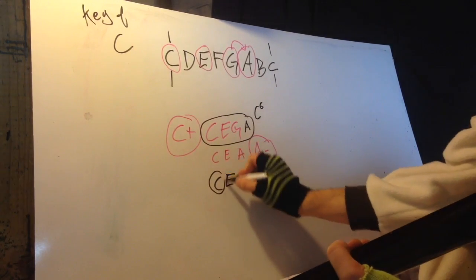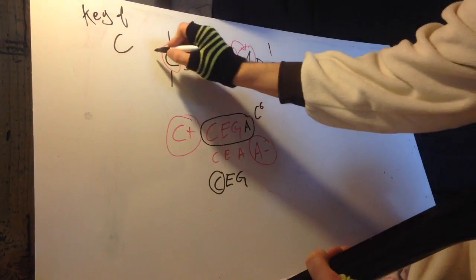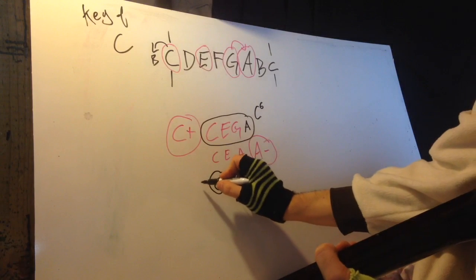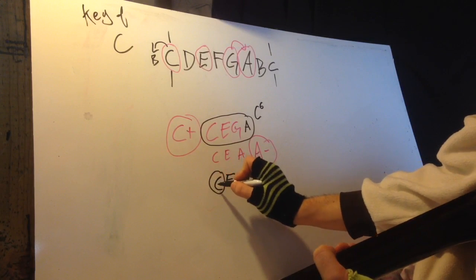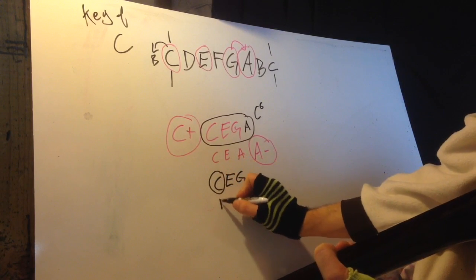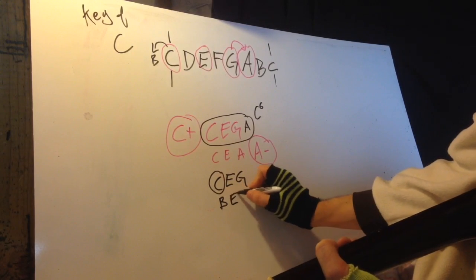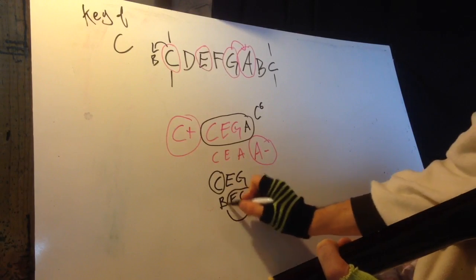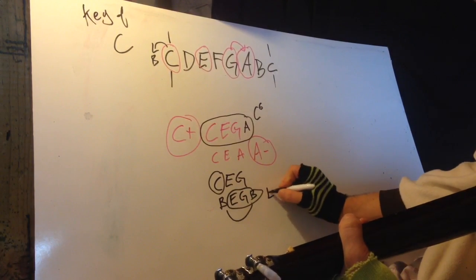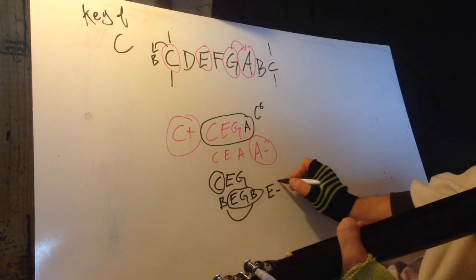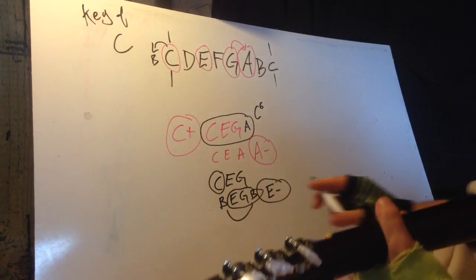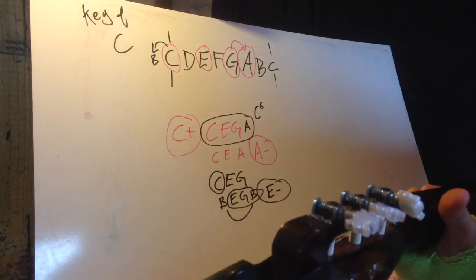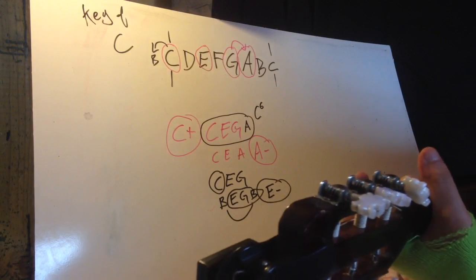But wait, we can also take that C, E, G and then we can bring this C down to the B here. So now we don't have C, E, G, now we have B, E, G, and there you have an E minor chord. If we were to play that, here's your C, here's the E minor.